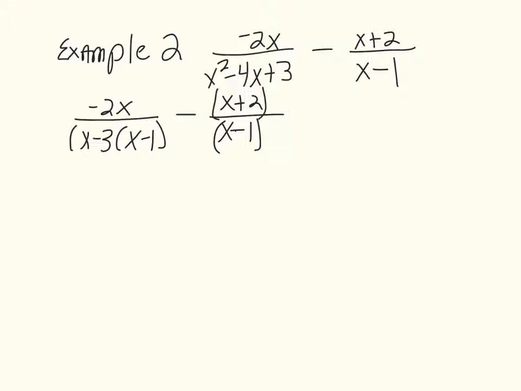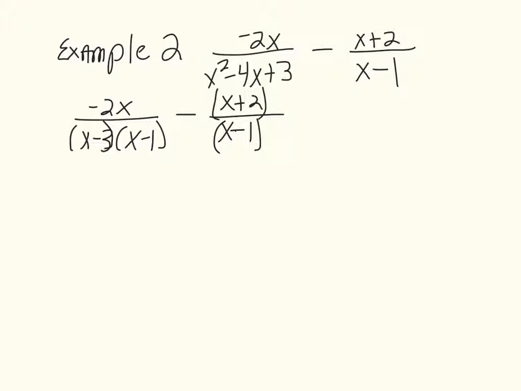Now, again, in my denominator, my least common denominator is going to be x minus 3 times x minus 1.